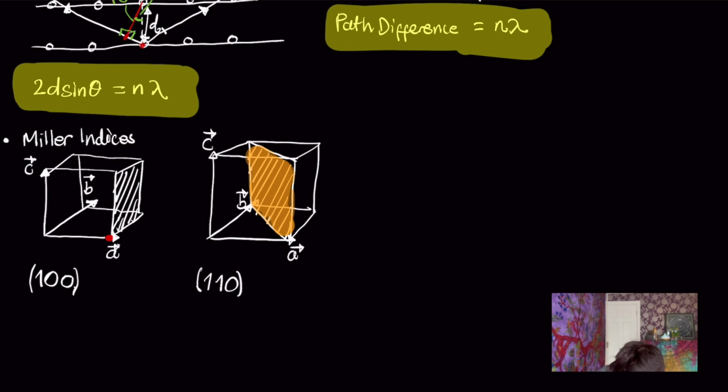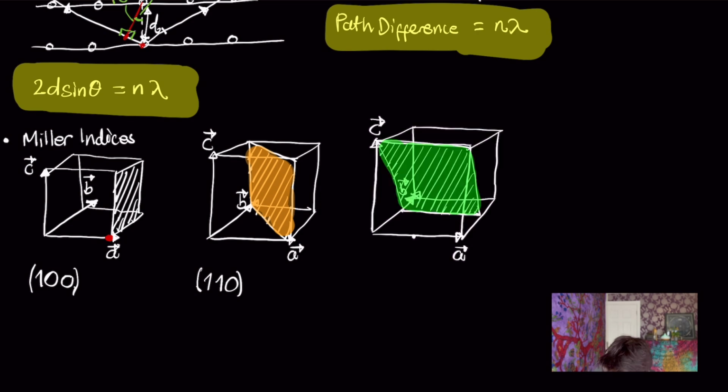So let's now go with a more complicated example. Let's apply the same logic right here. Along A, we can see that it does not intercept the A vector whatsoever. So we can say that this first index is going to be 0. What about B? In this case, it intercepts halfway along the B vector right here.